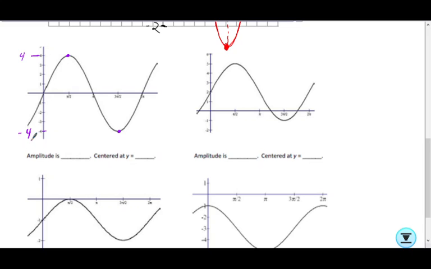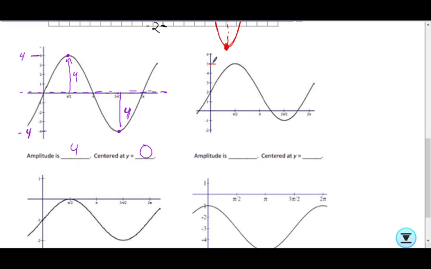My amplitude is 4. Where is my function centered at? 0. Because the center of it is halfway in between. So this line right here, this is my center line. It's centered here. This distance here is 4, and this distance here is 4. Okay? If a trig function hasn't been shifted up or down, the center is at 0.